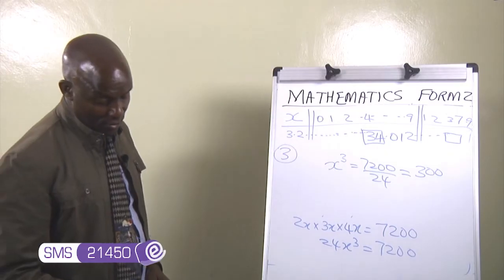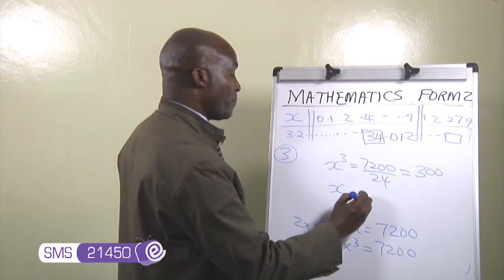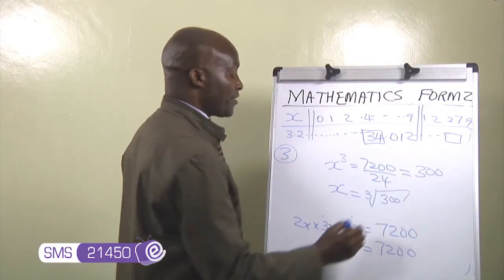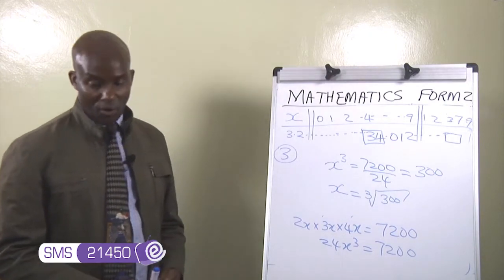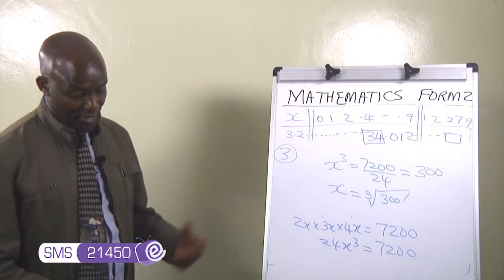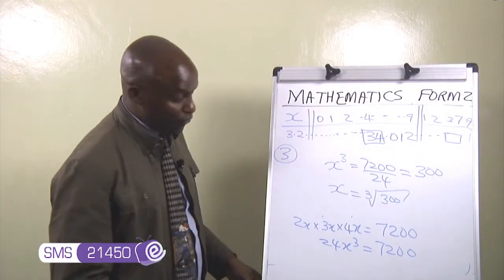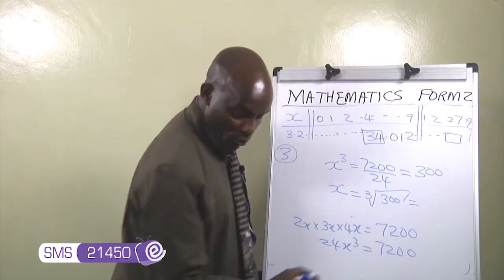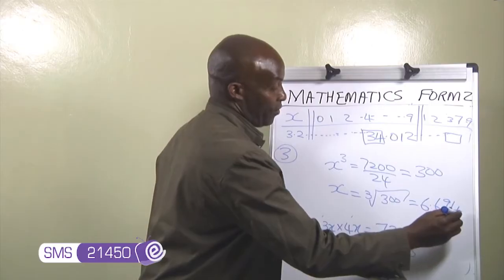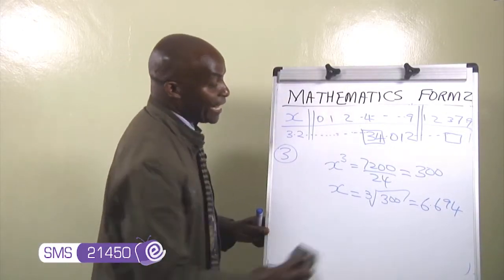And therefore, x will be equal to the cube root of 300. Again, using the mathematical tables and the method that we explained before, you will find that this is equal to 6.694.